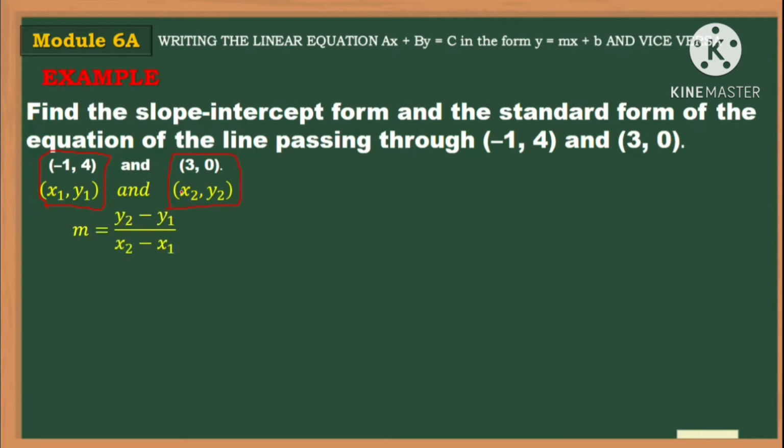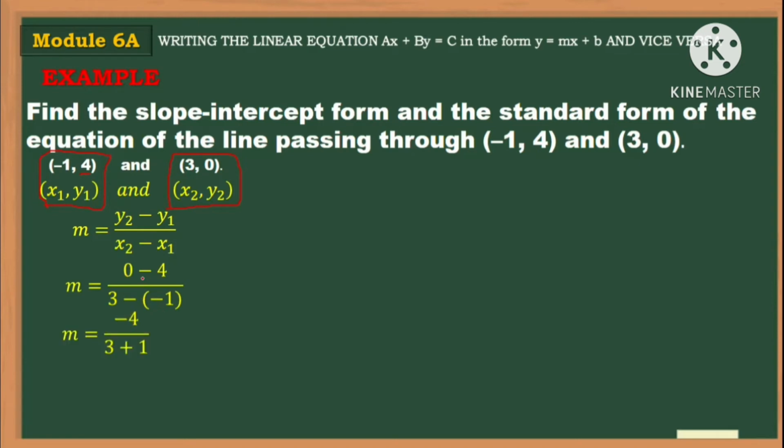So we're going to find first the slope using the formula y sub 2 minus y sub 1 all over x sub 2 minus x sub 1. So we're going now to substitute the value of y sub 2, y sub 1, x sub 2, and x sub 1. Since y sub 2 is 0, so this is 0 minus y sub 1 is 4 all over the x sub 2 is 3 minus x sub 1 is -1, so the quantity of -1.